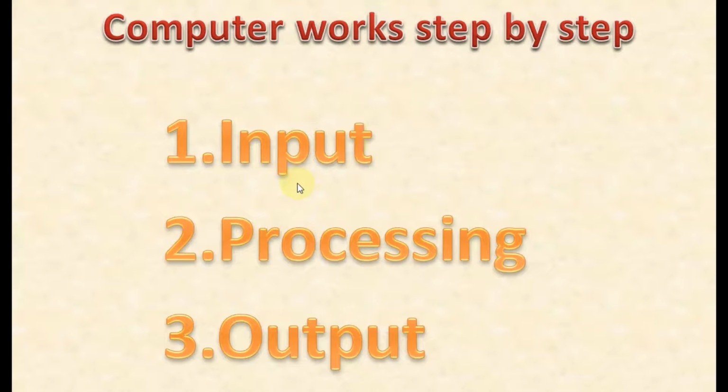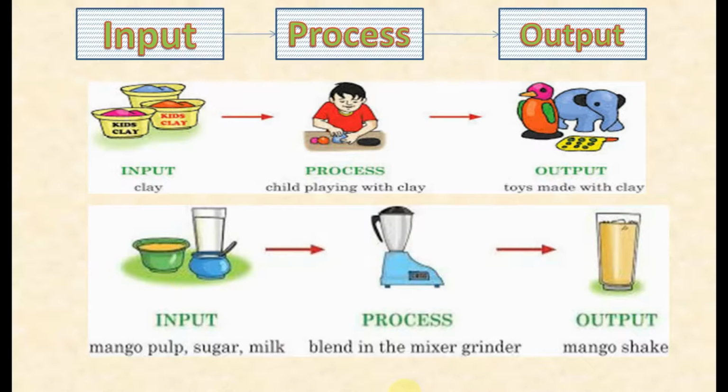They are input, processing, output. These steps are known as the IPO model. Before learning how input, process, output support the computer for working, we should see the daily life examples of input, process, output.